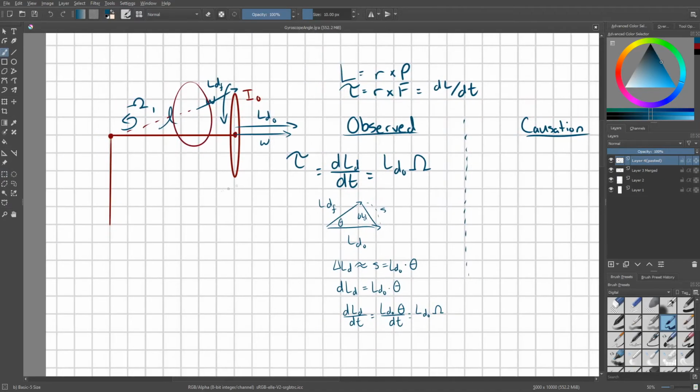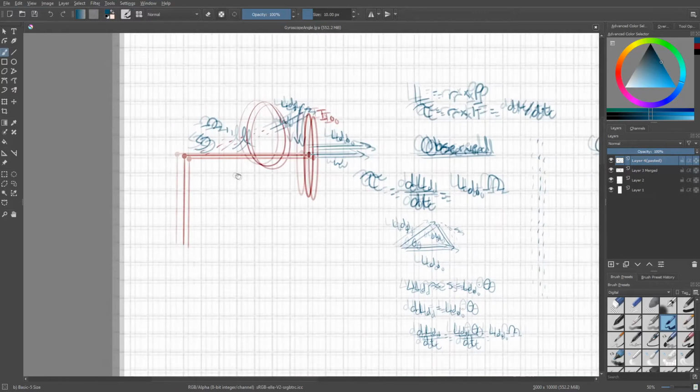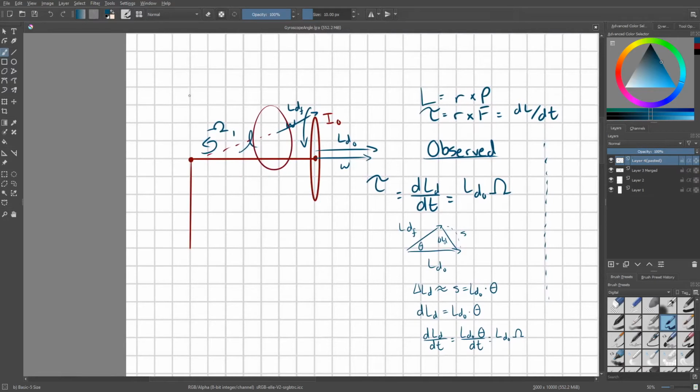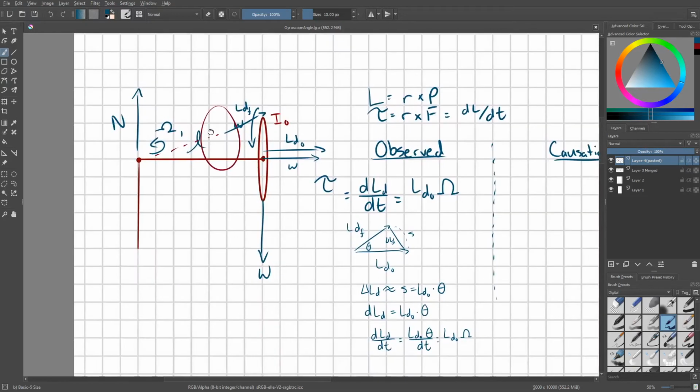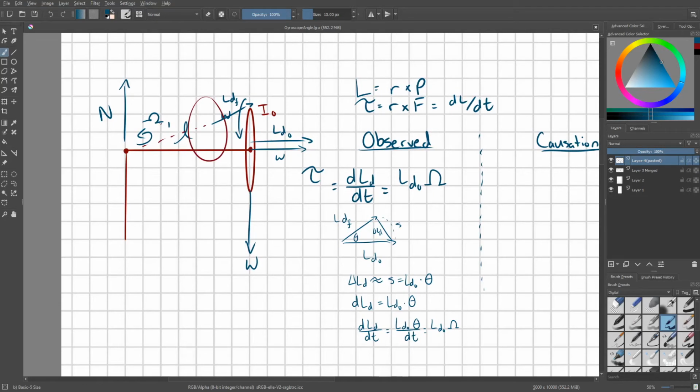So what's the cause? Well, what are the forces acting on this system? We have mg pointing down, or the weight, and we have the normal force pointing up on the axle. The normal force provides no torque because it is acting at the location of the pivot point.